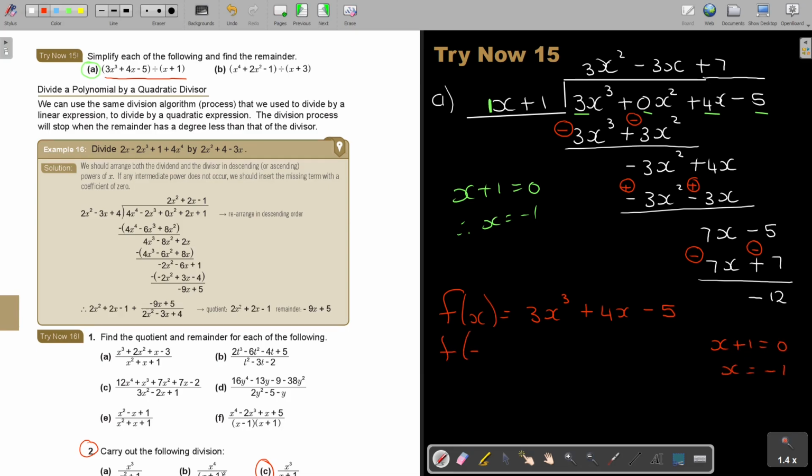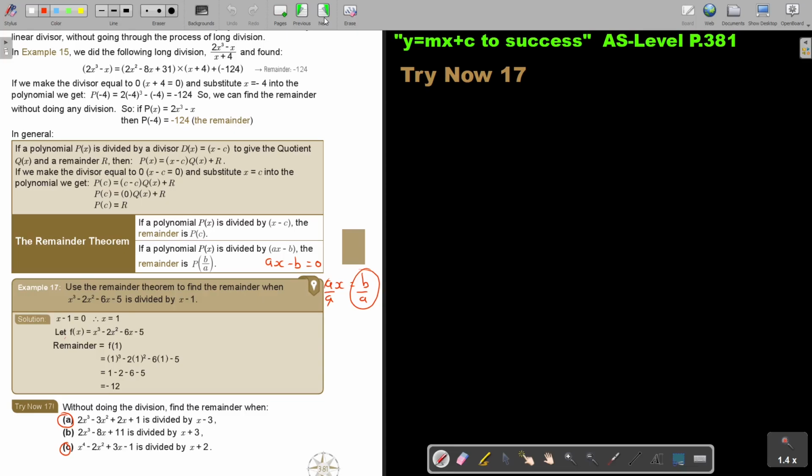Then I would have said 3(-1)^3 plus 4(-1) minus 5, and that would have given me -3, minus 4, minus 5, and that would have given me the -12 that I got there. That one was just the same answer, but the polynomial was different.